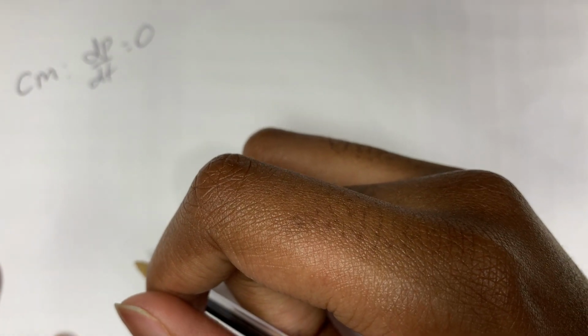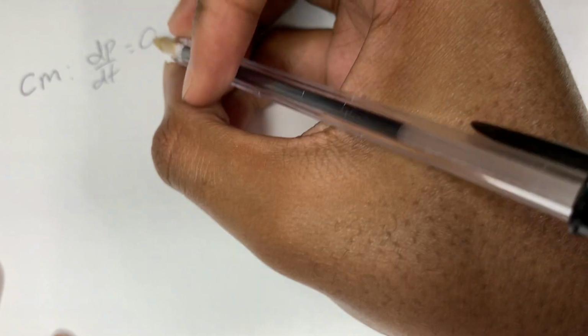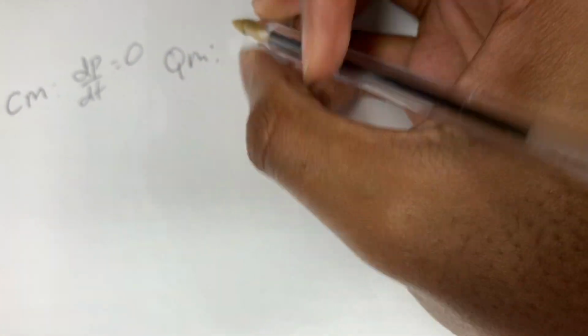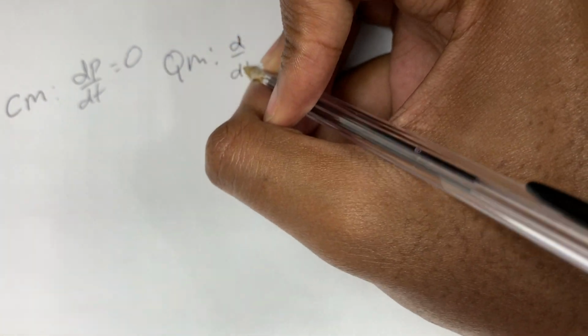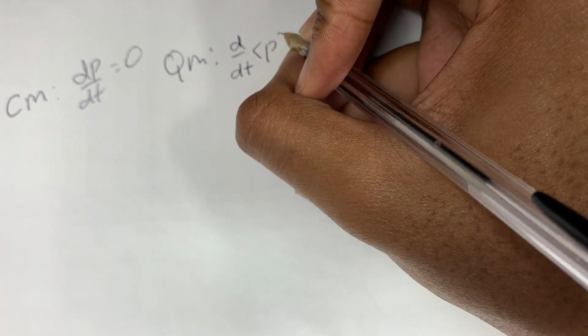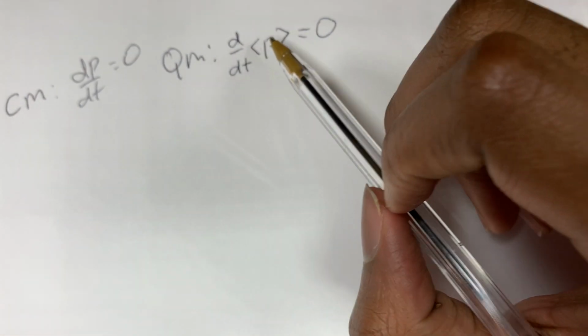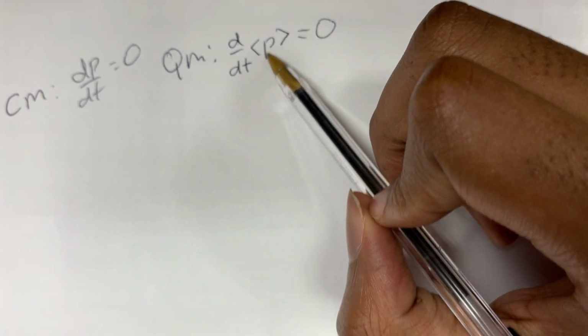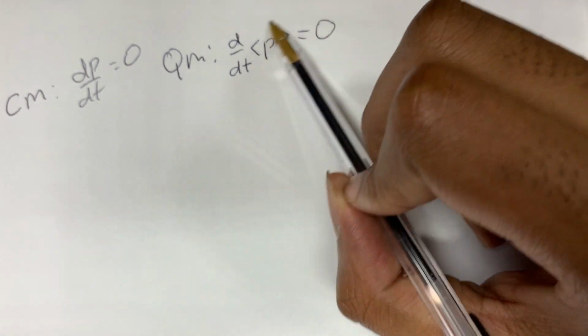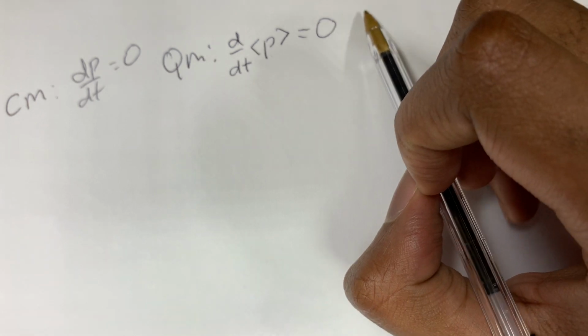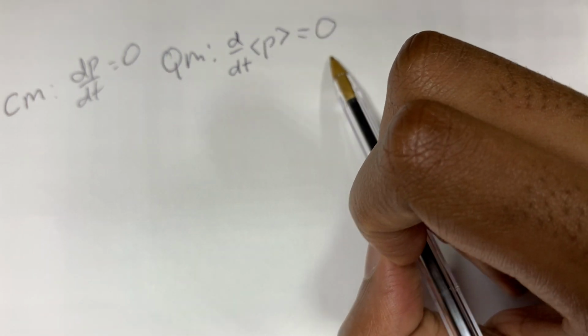Instead, we talk about the expectation value of the momentum of the system. And if its rate of change equals 0, we say that the expectation value of the momentum is conserved. That's what we really mean when we say momentum is conserved in quantum mechanics. Okay?